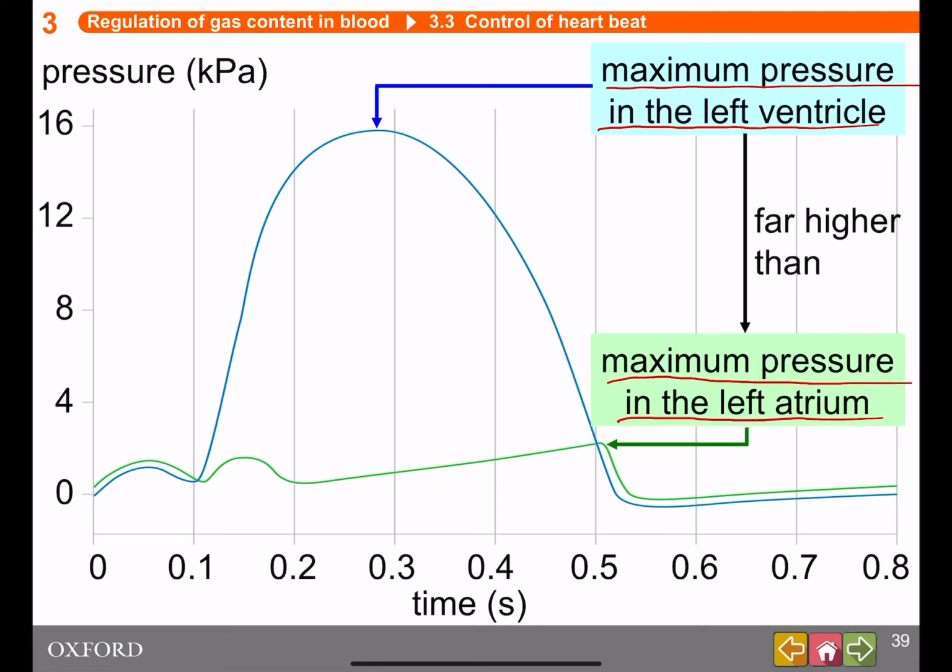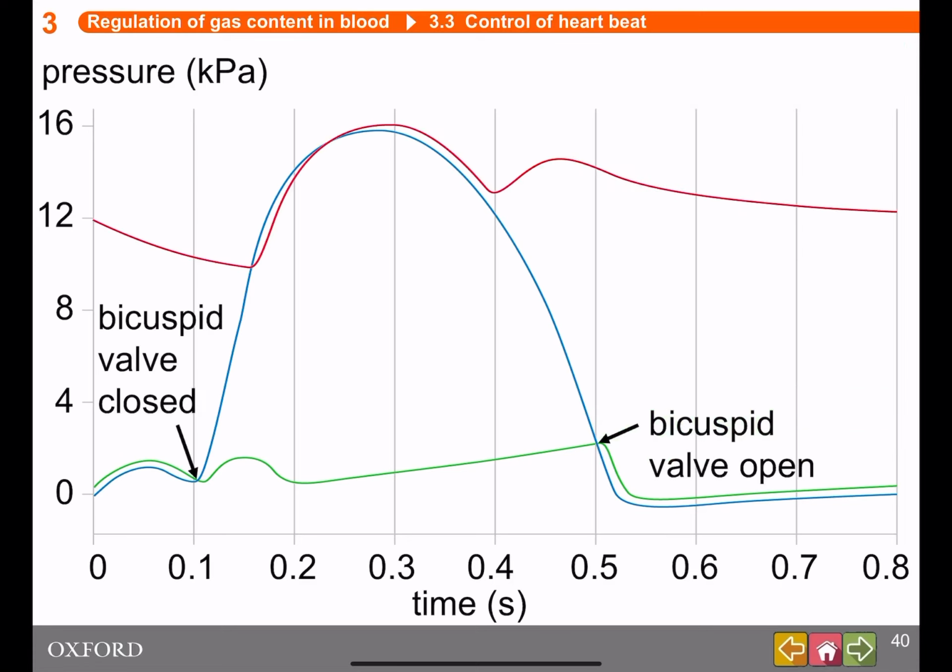Of course, you understand, because the left ventricle needs a high pressure to pump the blood to every other body part, while the left atrium just needs to pump the blood down to the ventricle. And also, if you look at these two points, at around 0.1 second, the ventricle pressure will exceed that of the atrium pressure.